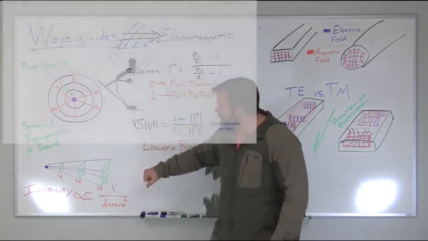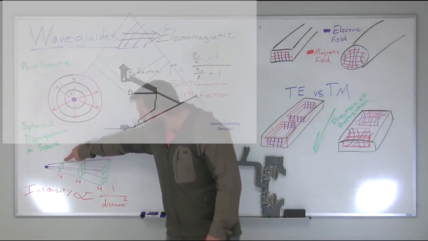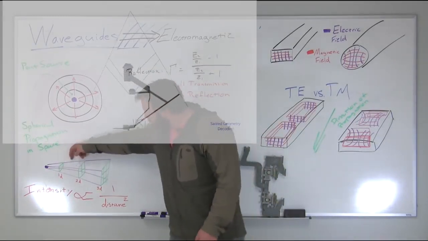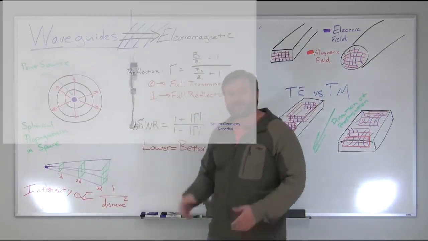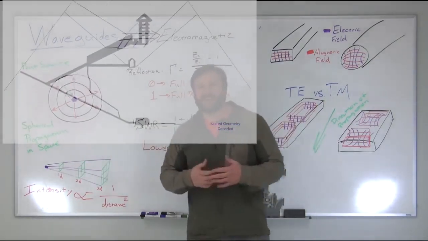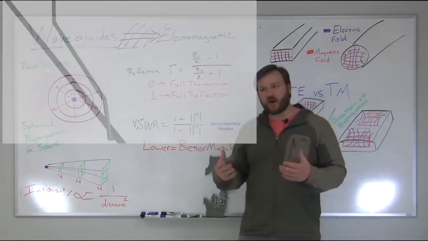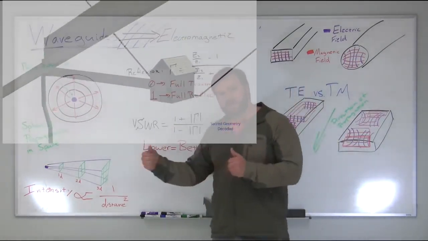Looking at a representation here, with some unitless value for distance, then twice that distance and 3 times that distance, it rolls off as 1 over the square of the distance. That's what we call the inverse square.